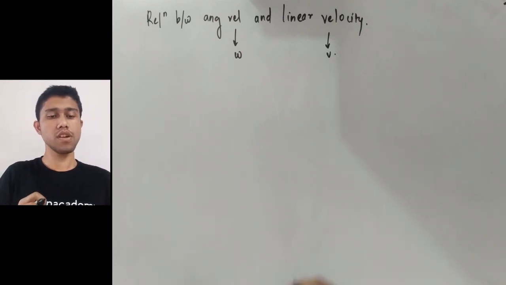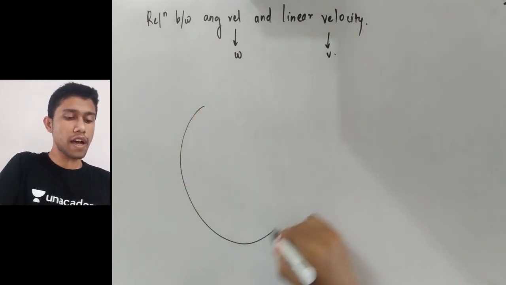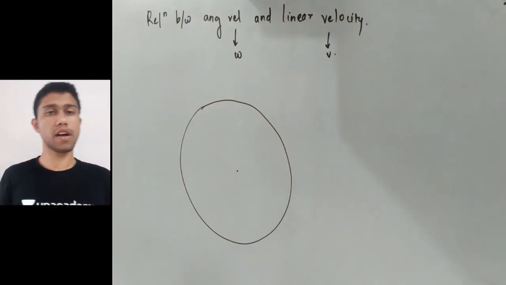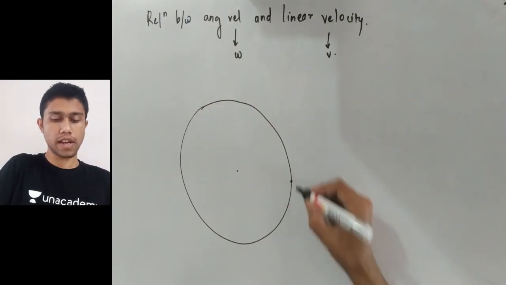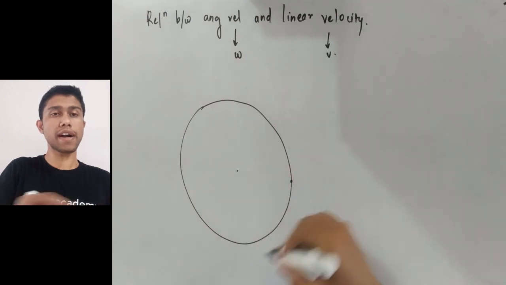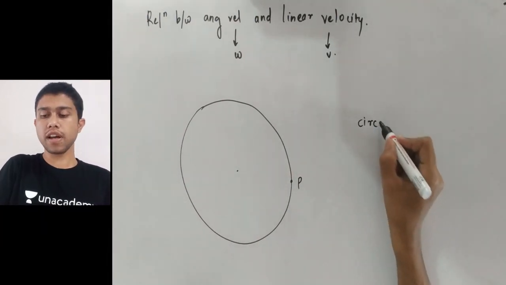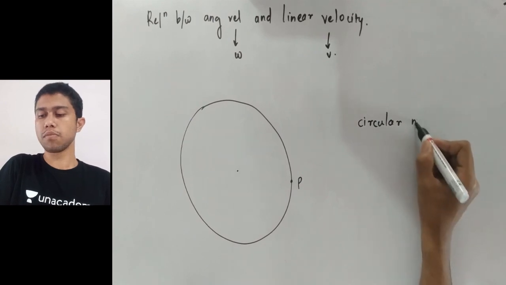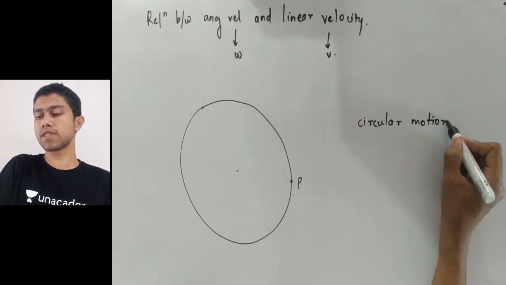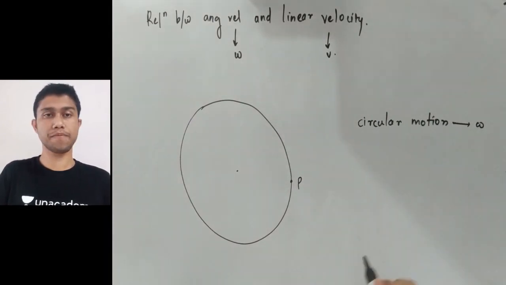Okay, so now if I have a circle, and the particle is present at point P, as it is performing a circular motion, I know that it will possess an omega.